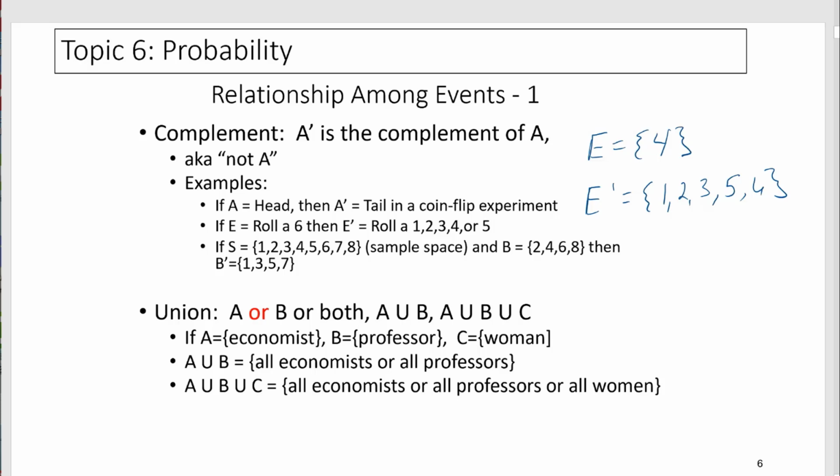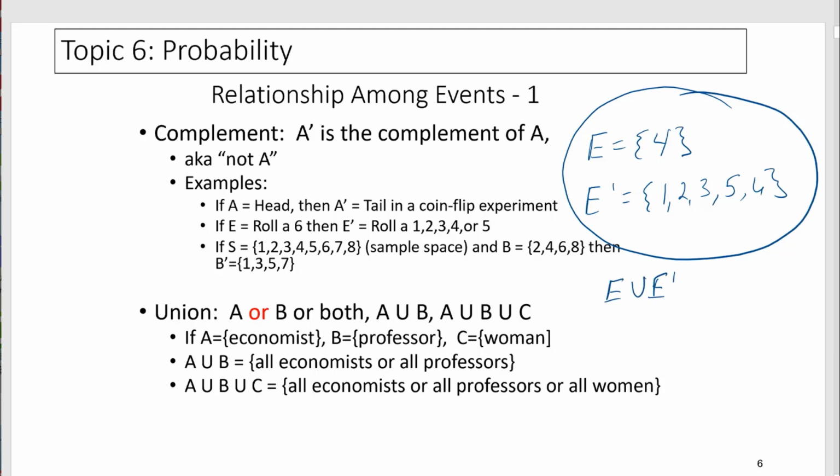Everything that the event is not. When I put these two together, I get the complete sample space back. So that's going to help us talk about union. That if I had E, union its complement, I would get back the sample space.